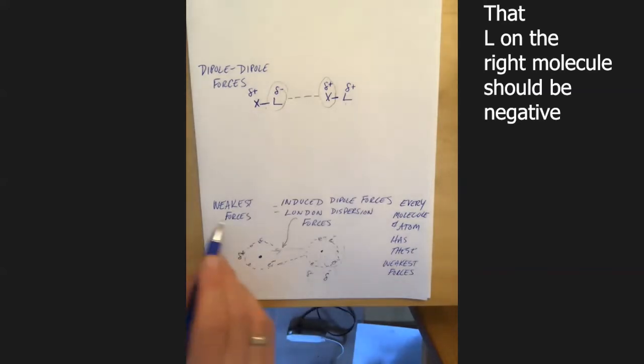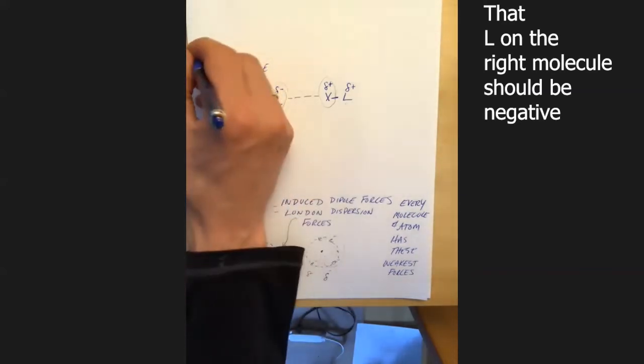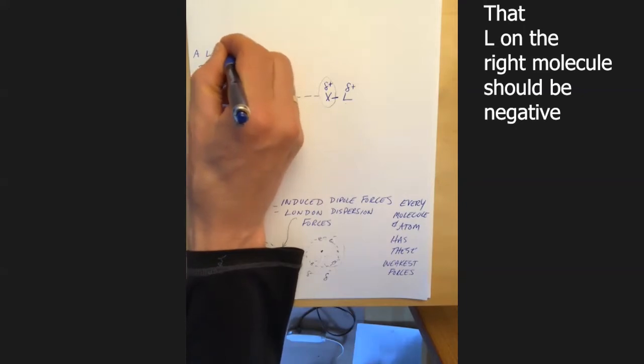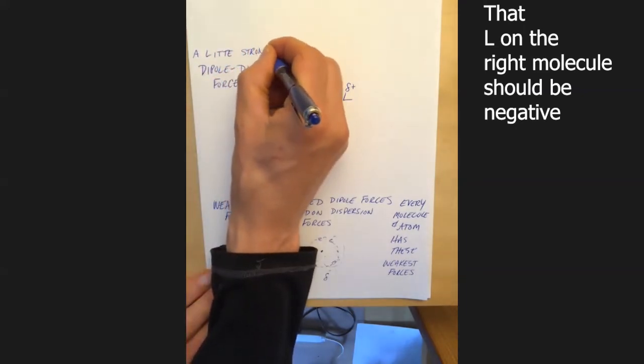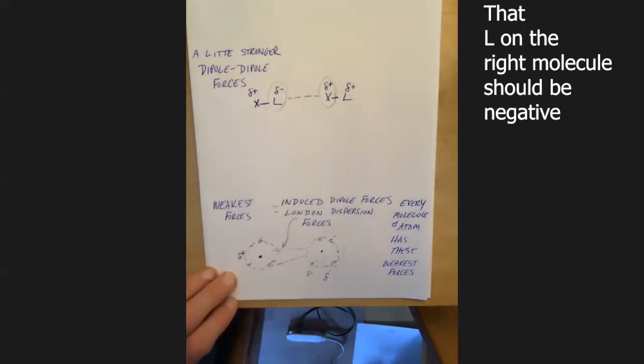And they are a little bit stronger than the weakest possible force. So they're a little stronger, dipole-dipole forces. All right, so the X or one atom is always positive and the other atom is always negative.